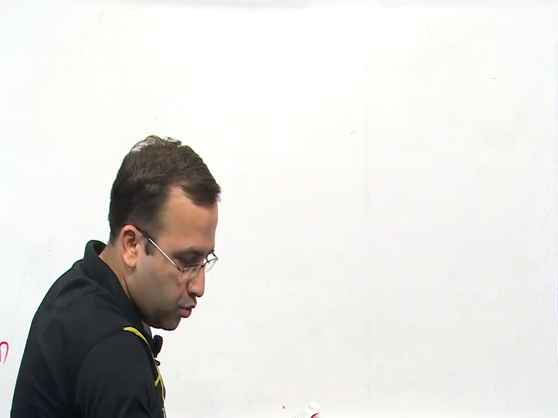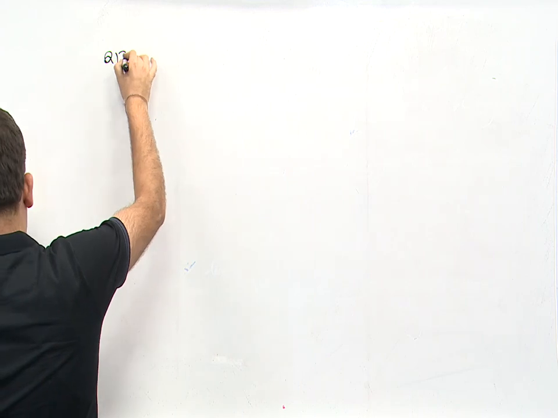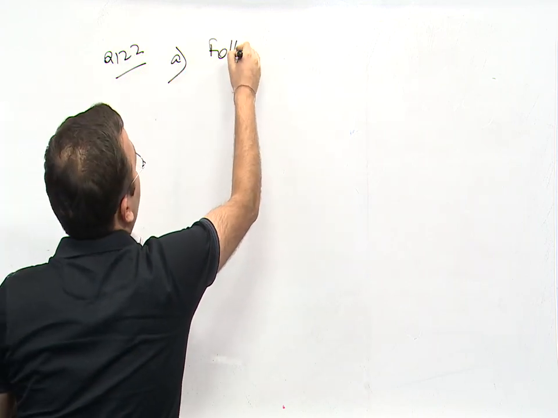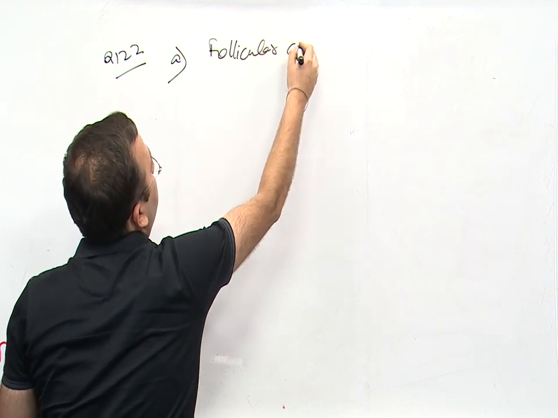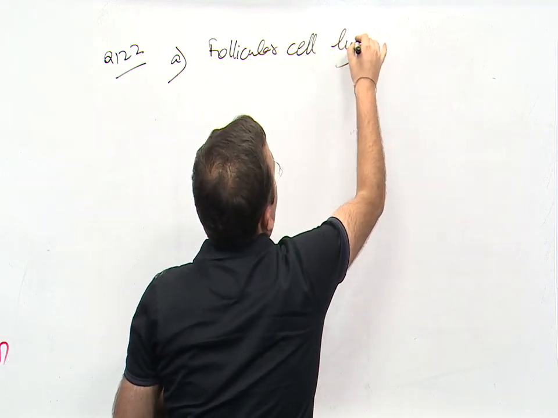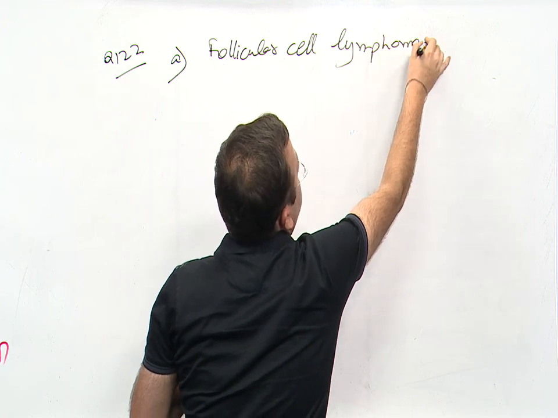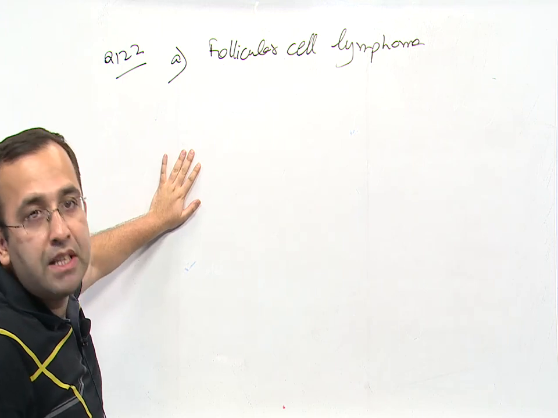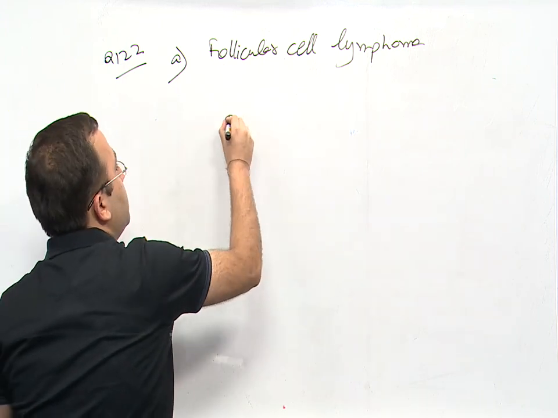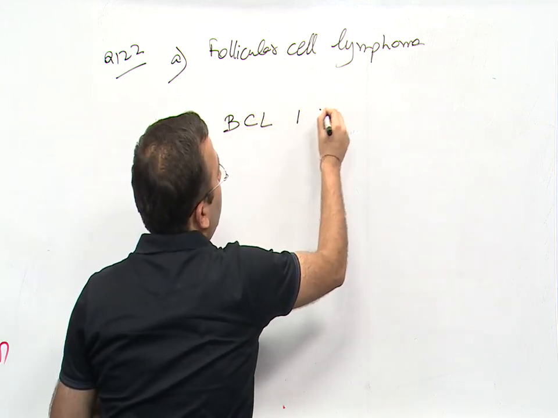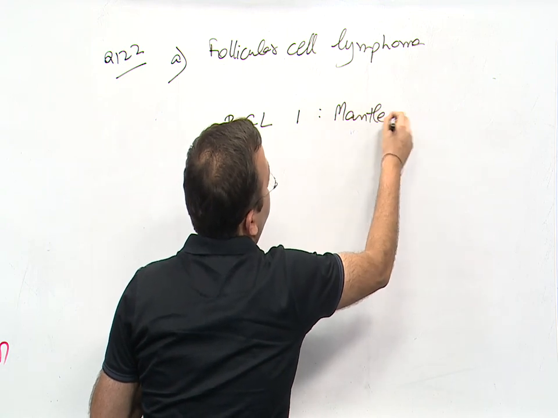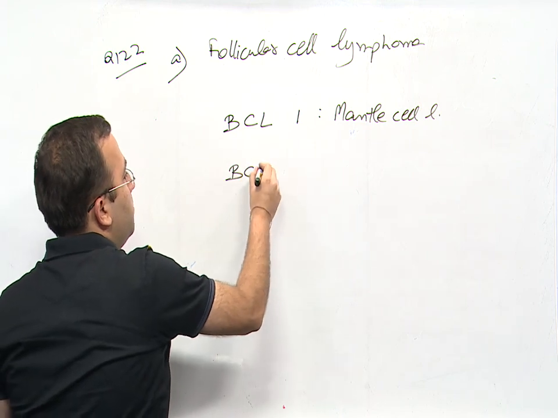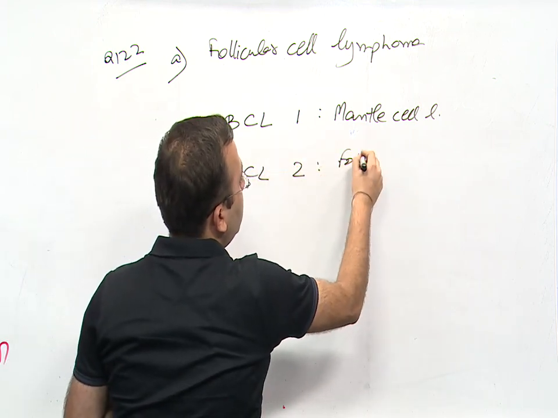Question 122. BCL2, follicular cell lymphoma. Easy. There are three BCL protein expressions that are asked. BCL1, mantle cell lymphoma. BCL2, follicular lymphoma.